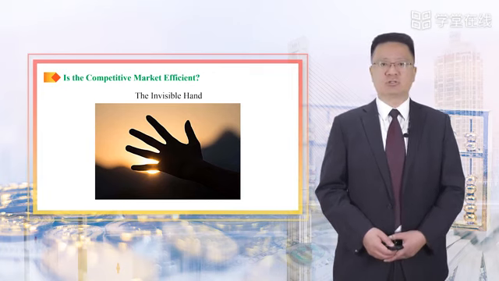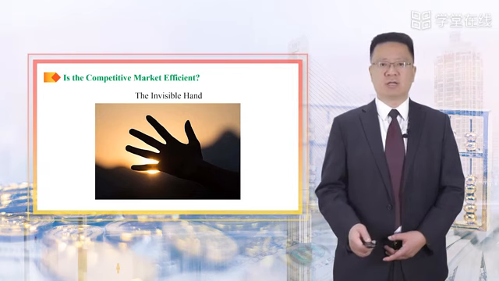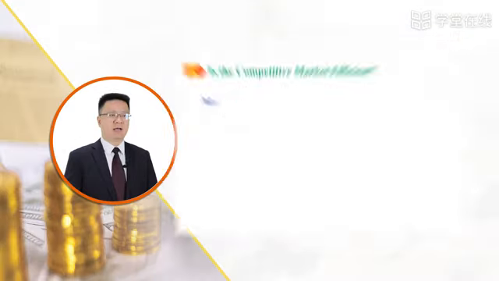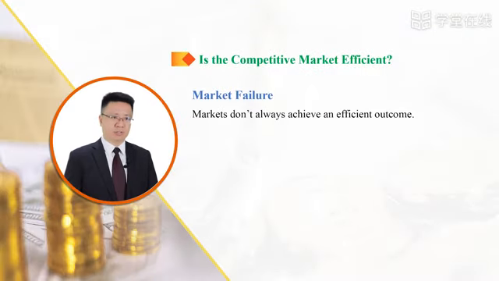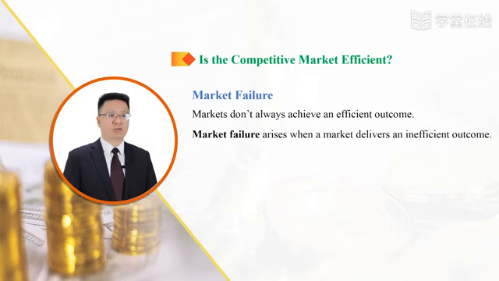Market transactions generate an efficient, highest valued use of resources. However, markets do not always achieve an efficient outcome. We call a situation in which a market delivers an inefficient outcome one of market failure.